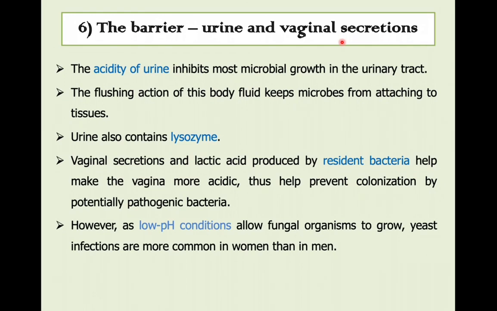And vaginal secretions and lactic acid produced by resident bacteria help make the vagina more acidic, thus help prevent colonization by potentially pathogenic bacteria. Okay, so for a female, vaginal conditions is always acidic.